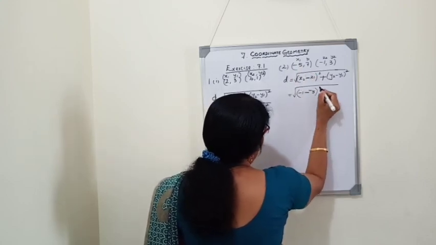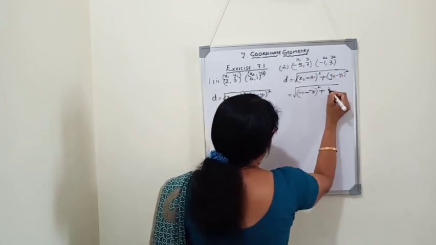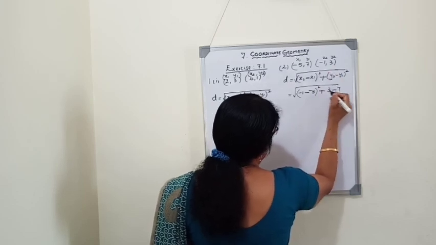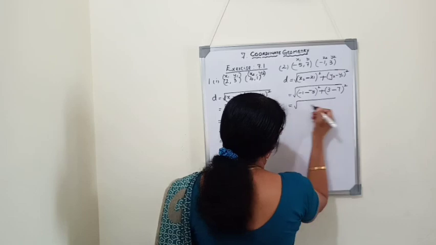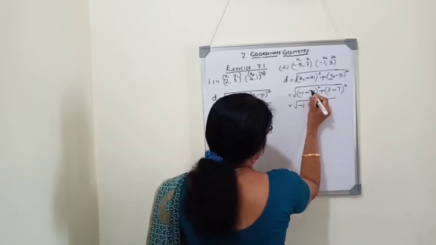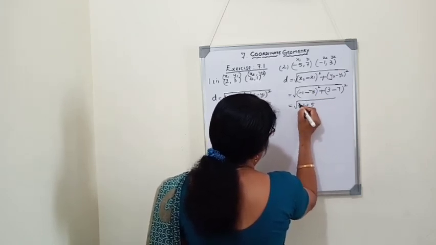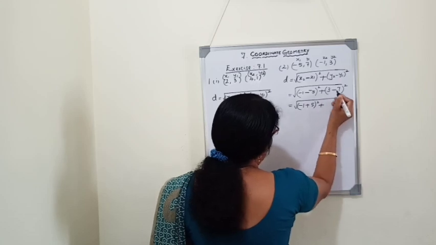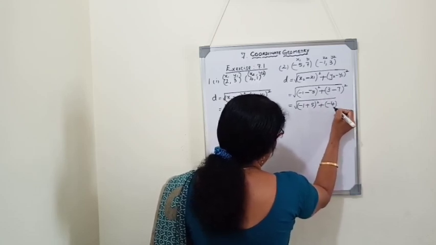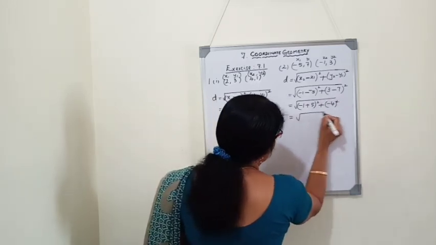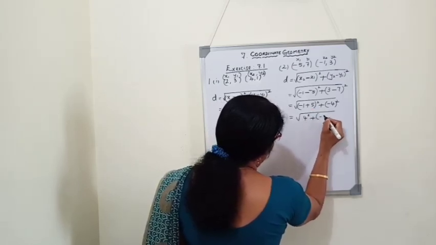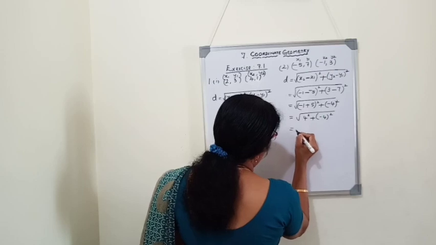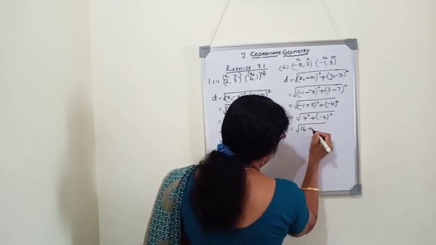The whole square plus y2, 3 minus y1, 7 the whole square, equals square root of minus 1, minus into minus becomes plus 5 the whole square, plus 3 minus 7 is minus 4 the whole square. So this becomes square root of 5 minus 1 is 4 square plus minus 4 square. It is square root of 16 plus 16.